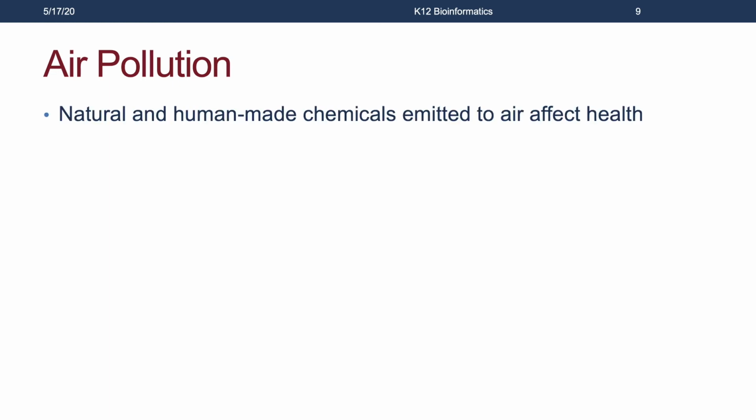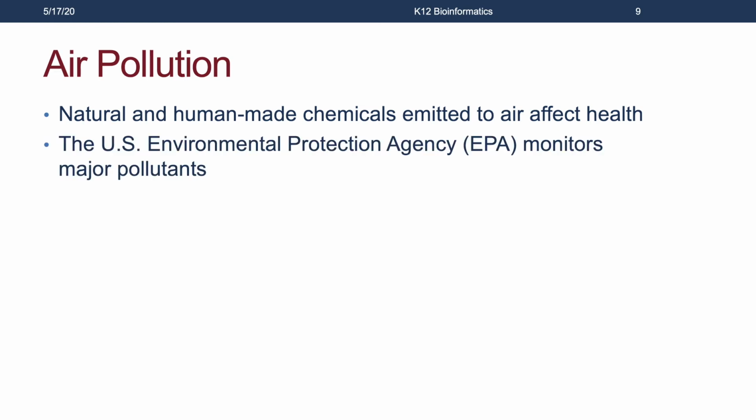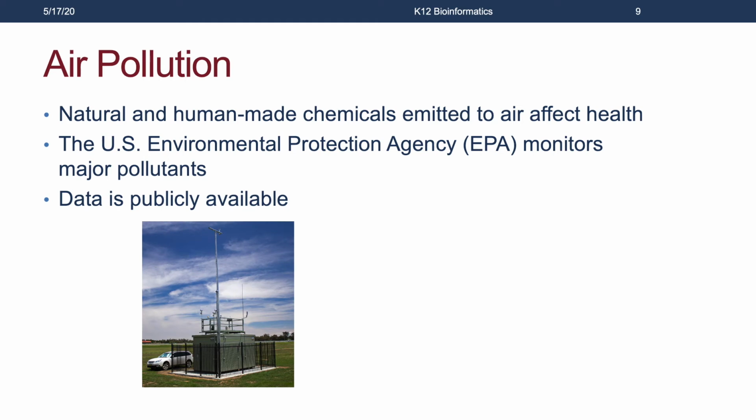Air pollution refers to natural and human-made chemicals emitted to air, many of which affect health. The U.S. Environmental Protection Agency, or the EPA, monitors major pollutants across the U.S., and they make their data publicly available so that citizens and/or researchers across the country can view and use the data. Here's a picture of a single EPA regulatory monitor site, but keep in mind that these monitors are sited in urban areas as well.